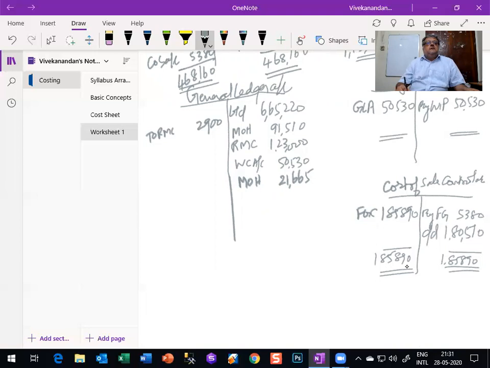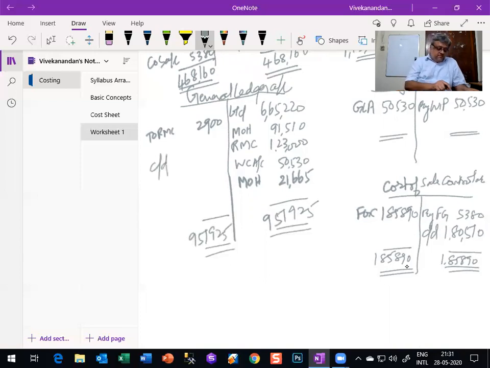Now let's balance the general ledger adjustment account. 665,220 plus 91,510 plus 123,000 plus 50,530 plus 21,665 gives 951,925.